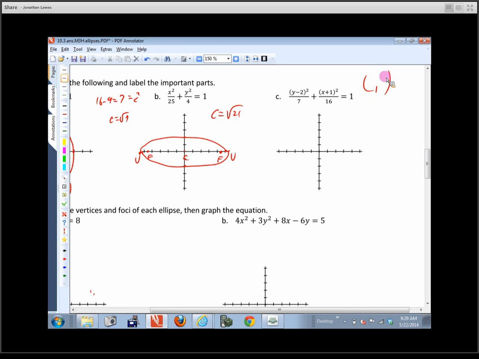H is always with X. Y is always with K. All right? And these are going to be in a different order than most of the ones that we've come across because we're not dealing with functions, we're dealing with relations. So, where is the center of this ellipse?